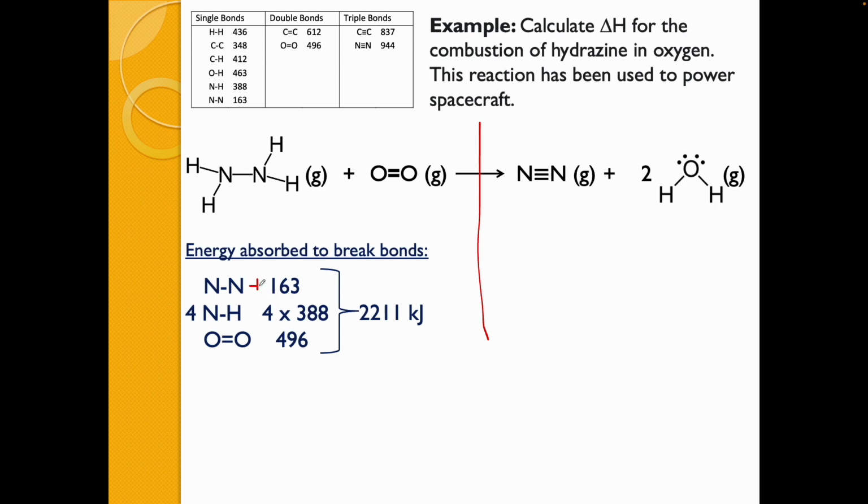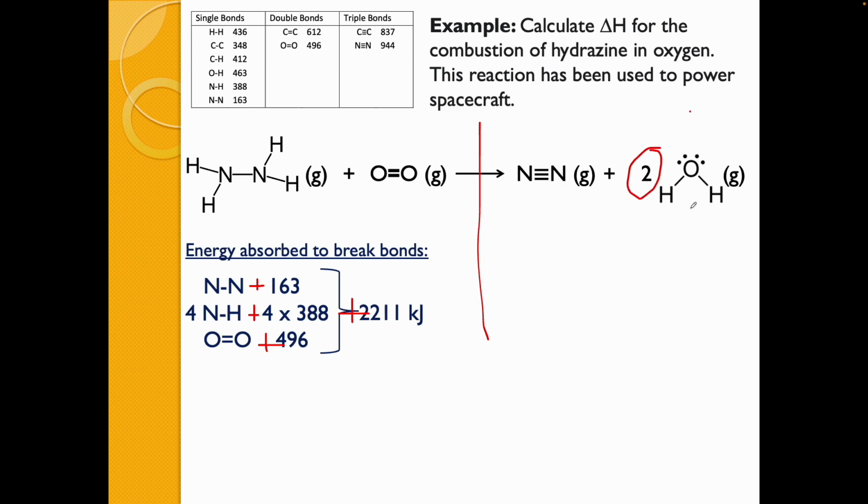Remember, these are all positive numbers. Good. All positive. Making this number positive. Okay? Positive 2,211. On the right side, we are now forming these bonds. This is the makey side. And so be careful. This has a coefficient of 2 in front.